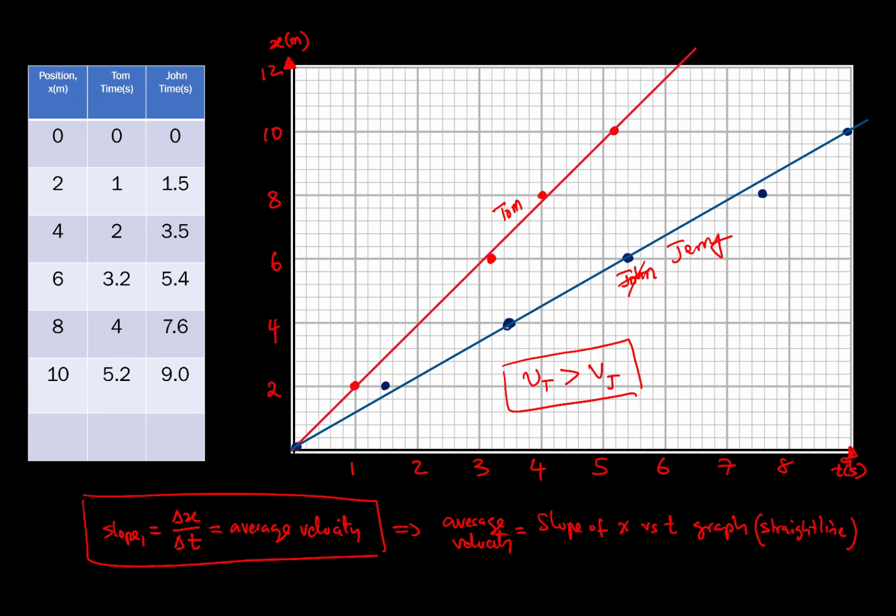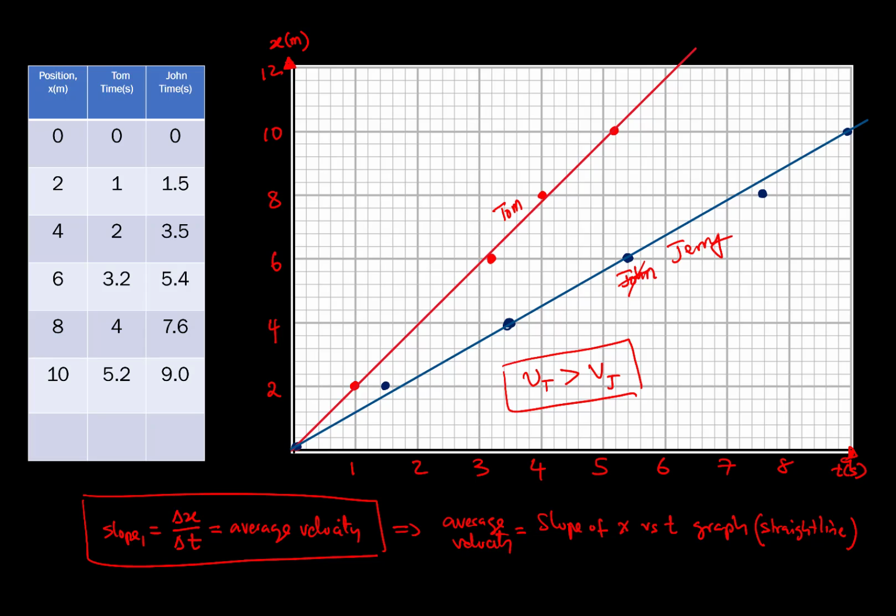So what we are going to do is calculate the slope of each graph. Now, the slope of a graph is just the change of the quantity in the y-axis divided by the change in the quantity in the x-axis, which means that the slope of a position versus time graph is just the change in position divided by the change in time.